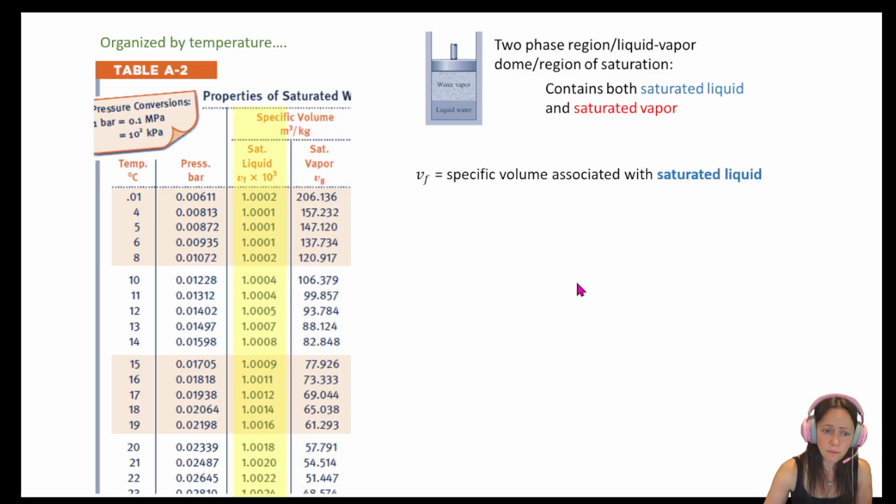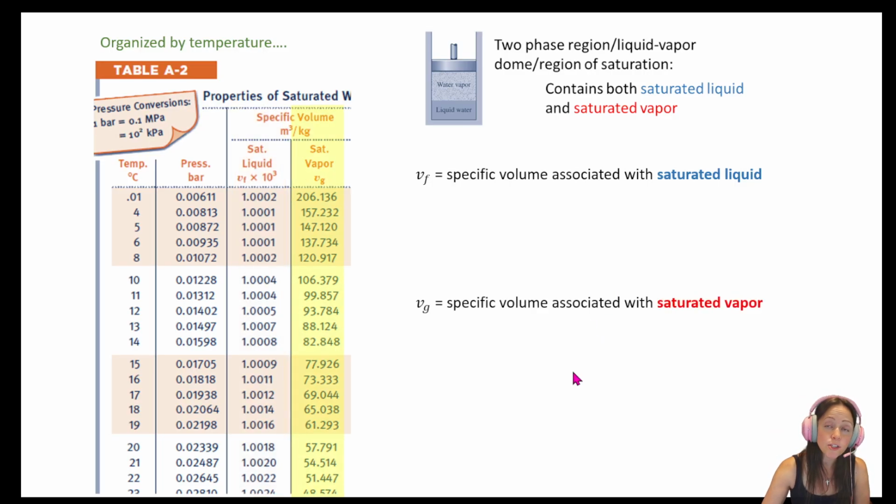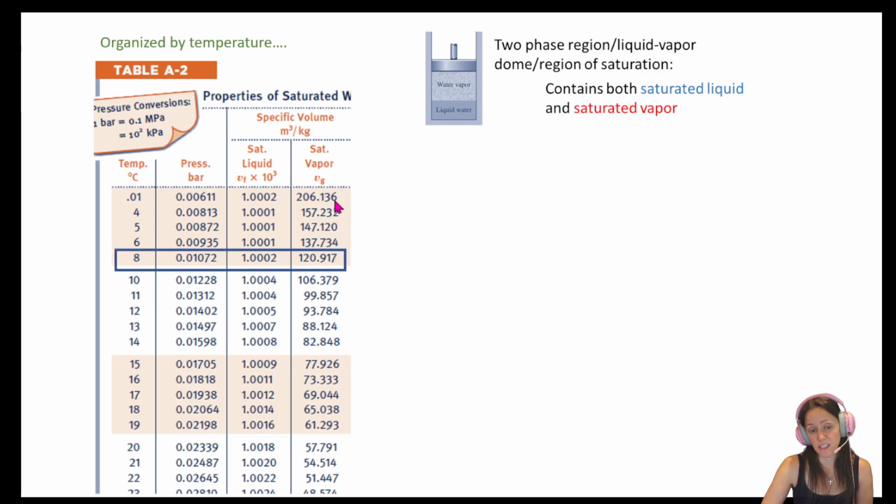Well, the v sub f is the specific volume that is associated with the saturated liquid, and the v sub g is associated with that saturated vapor. So if you're right on the saturated liquid line, you would use the v sub f value. And if it's on the saturated vapor line, you'd use the v sub g value. And we'll talk later about what we'll do if we're somewhere in between.